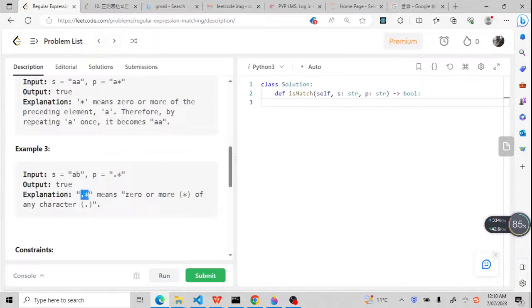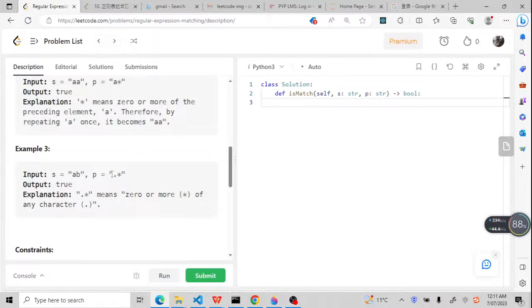So this dot and star means 0 or more of the dot. In this case, the star is more important. When we solve the problem, we should always consider the star first. If we find a star, we need to check how many dots it can represent. Otherwise, we will get it wrong. So we need to check the star first.